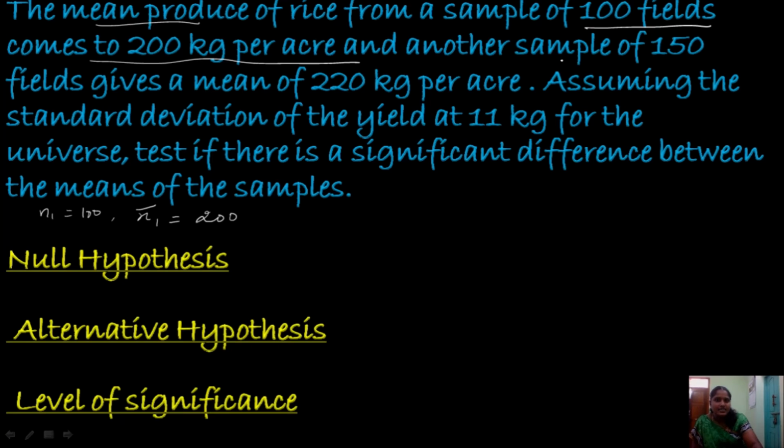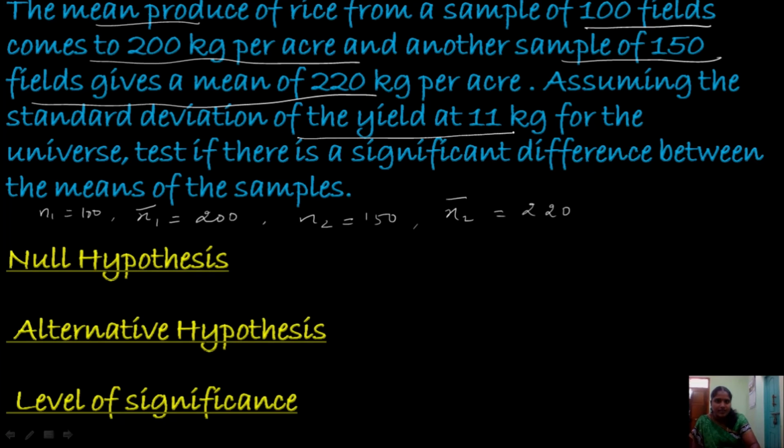Another sample of 150 fields gives a mean of 220 kg per acre. So n2 is 150, and x2 bar is 220. Assuming the standard deviation of the yield at 11 kg for the universe, here instead of the sample standard deviation, the population standard deviation is given as 11.